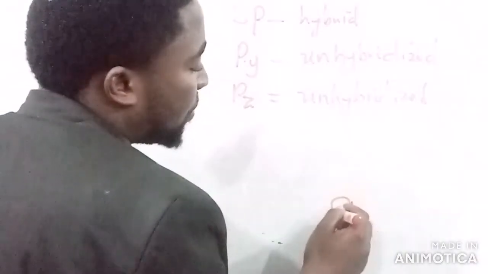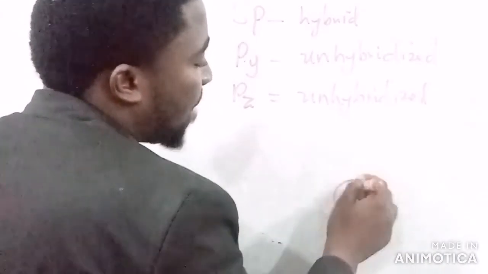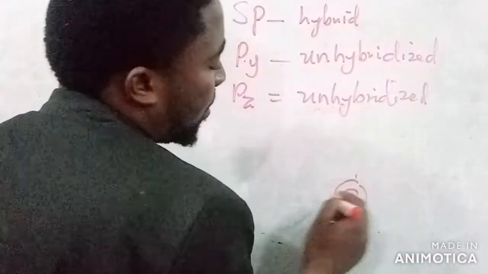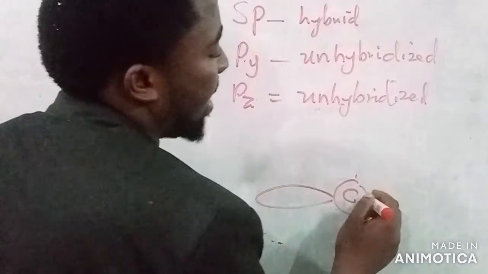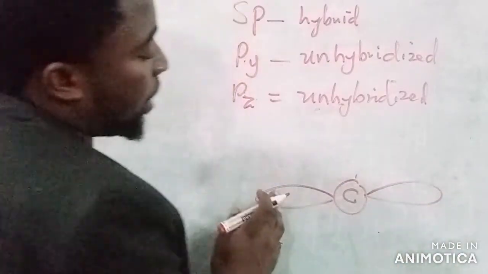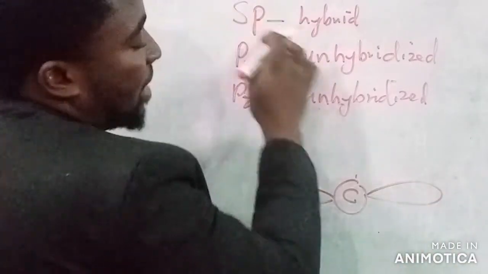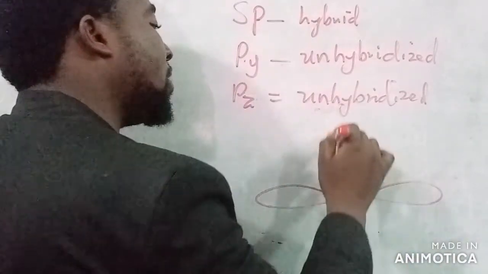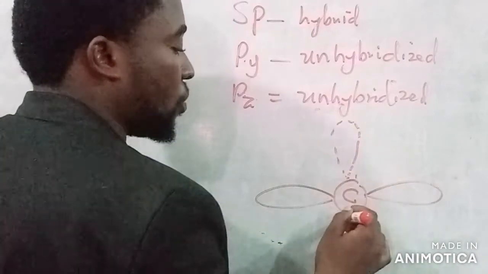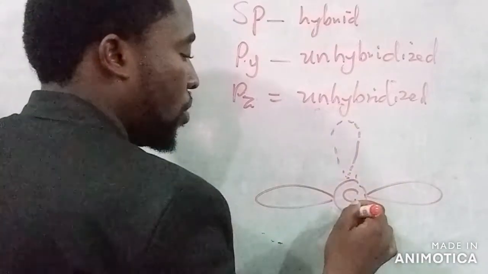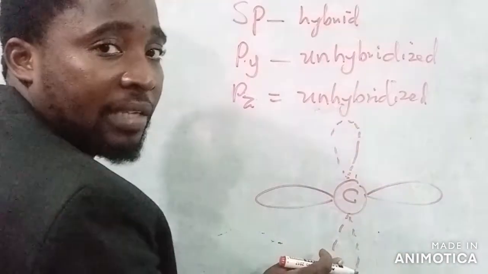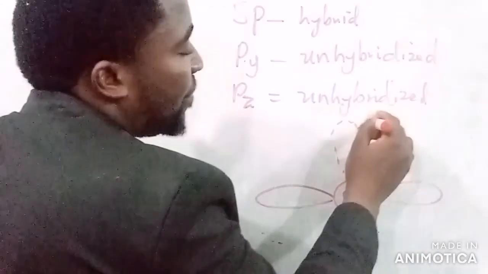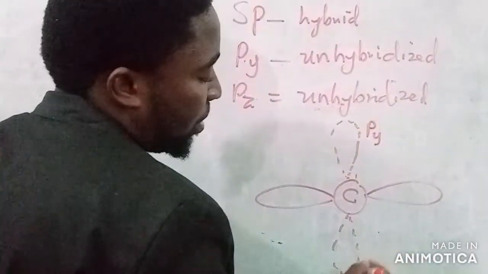So supposing this is the carbon atom, it's going to be something like this, because we have only S and P in this direction. Then there is a region also around the carbon atom, a region of unhybridization, which is here. So that's why you have the Py and the Pz.